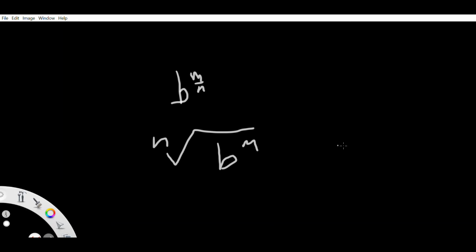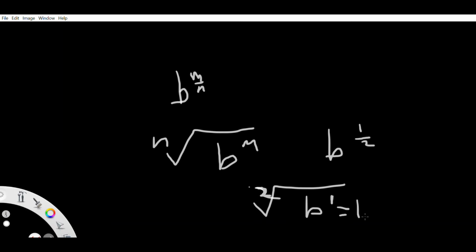So suppose we have b to the power of 1 by 2, it's basically root b, because it's the square root of b to the power of 1, and b to the power of 1 is b, so it would just become root b. This is what we do for variables.